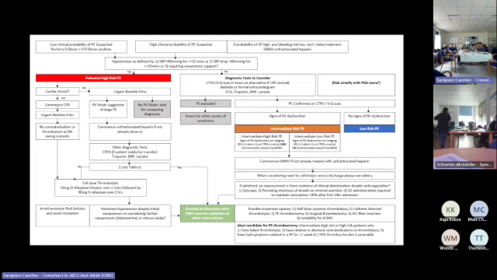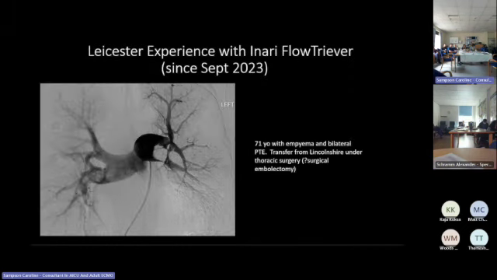With the CTPA being available, echo, and all these other clinicians involved, I think everyone can arrive at the right decision for the patient. So in a couple of years, if there's an appetite for it locally, that's something that could be considered as well. So I'll just go quickly through the 5 patients who we've done since September.